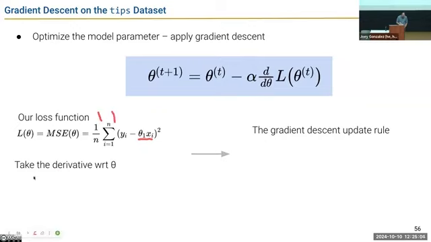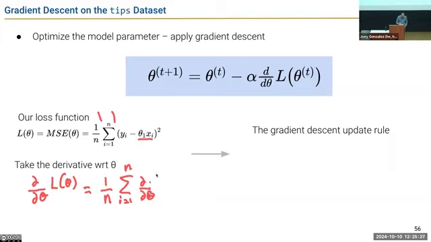So I'll say the derivative of my loss equals 1 over n, sum i equals 1 to n, of the derivative with respect to theta of (yi minus theta 1 times xi) squared.